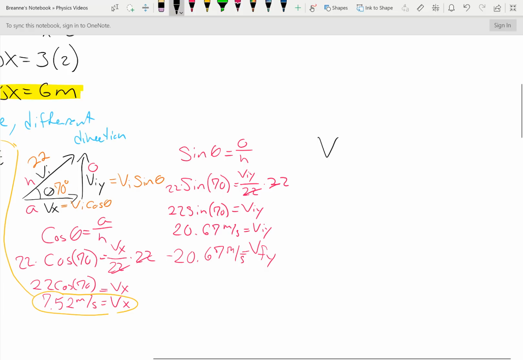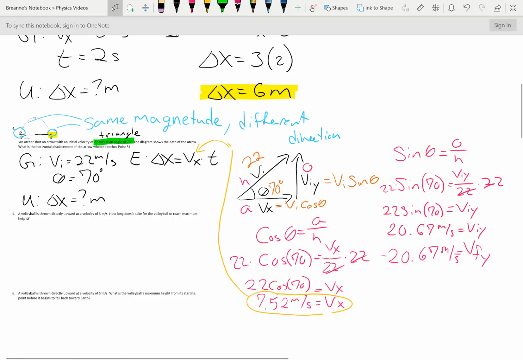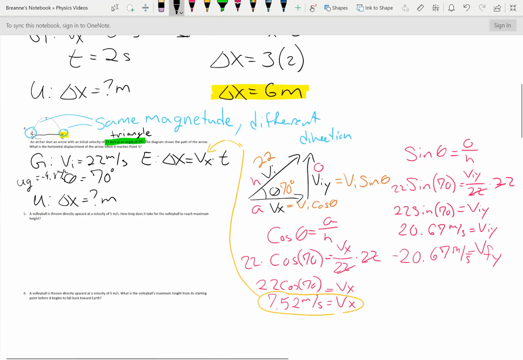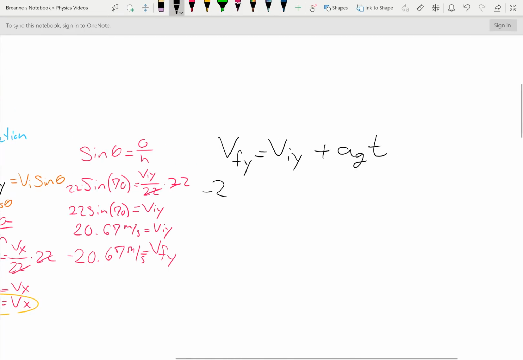Since we have our final and our initial, we can use the final velocity in the y equals our initial velocity in the y plus a times t. Part of our givens, we always have acceleration, and that's an a. So our final velocity is a negative 20.67. Our initial velocity is 20.67 plus negative 9.8 times t.